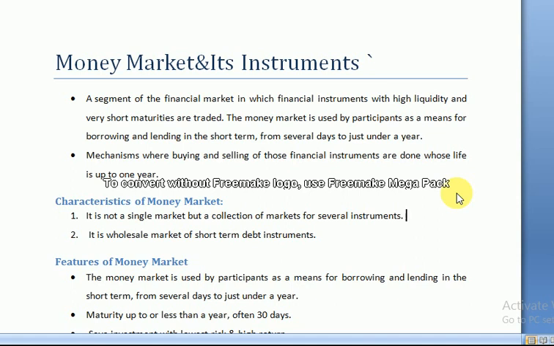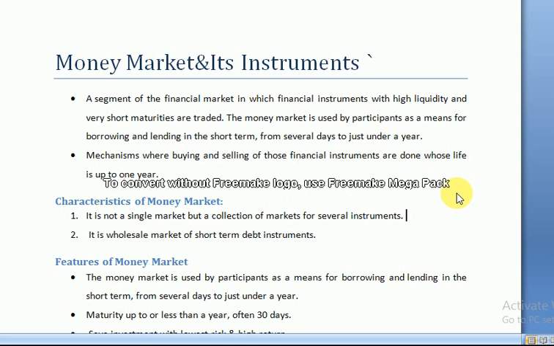A segment of the financial market in which the financial instruments, meaning financial assets, are traded. The T-bills, commercial papers, money market funds, interbank loans, short-term securities, all these are called financial instruments. They have high liquidity. As their maturity is very short, their liquidity is very high.